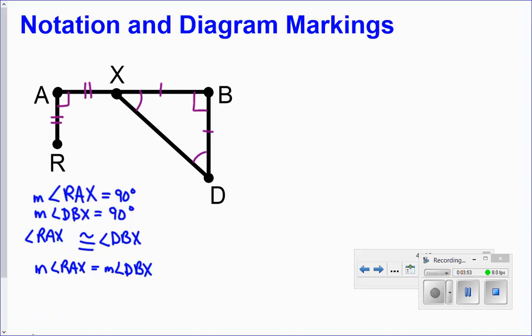Okay, let's move on to some other markings. So the next piece of information that we'll focus our attention on would be the marking here at angle BDX. And I see that exact same marking here at angle DXB.